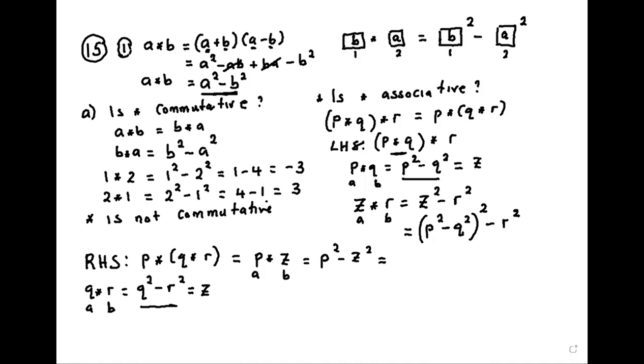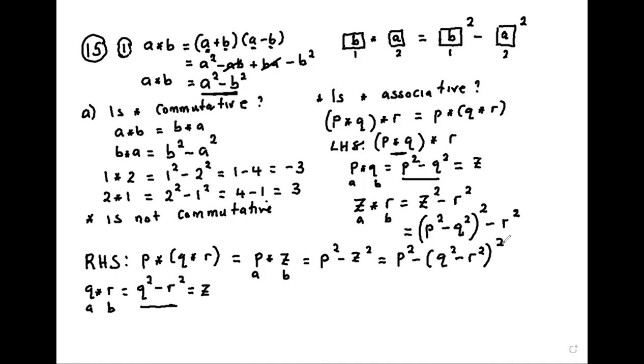So we have P squared minus (Q squared minus R squared), like that. Just here we can compare.